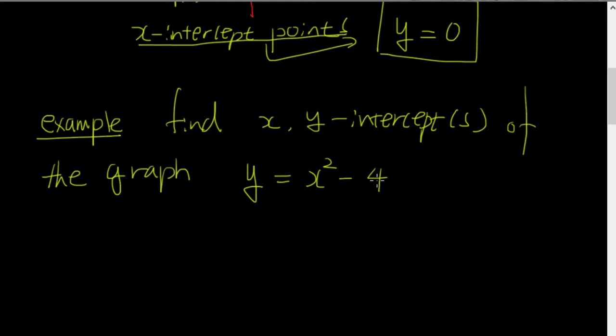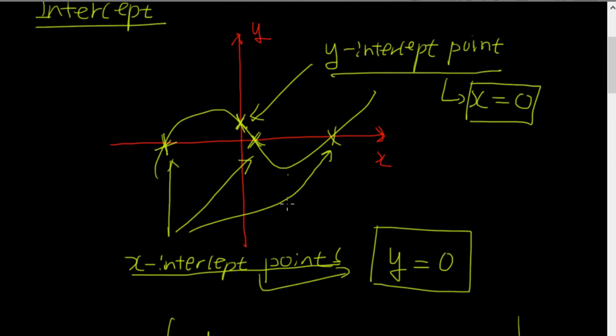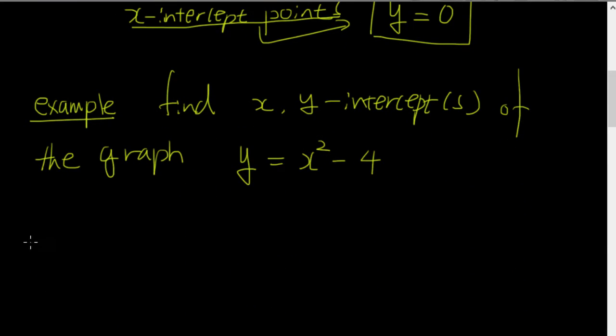At this point, we do not know how many x-intercepts or y-intercepts we might have, but we know for an x-intercept, the y value is going to be 0, and for a y-intercept, the x value is going to be 0. So to find them, does it really matter which one we find first?